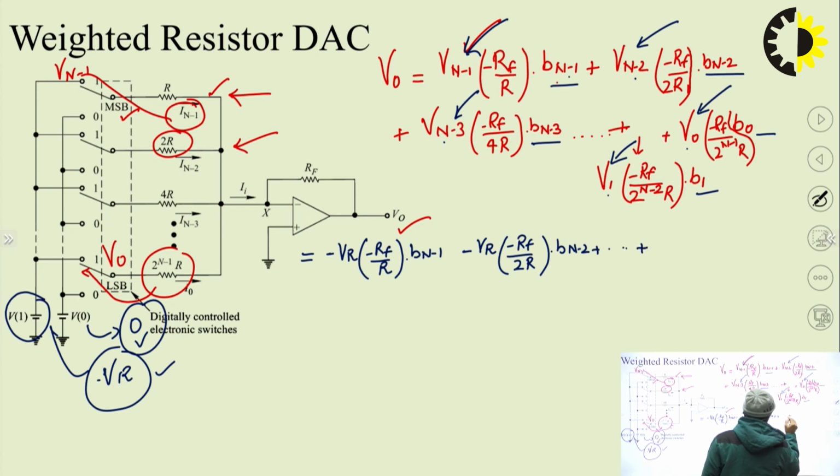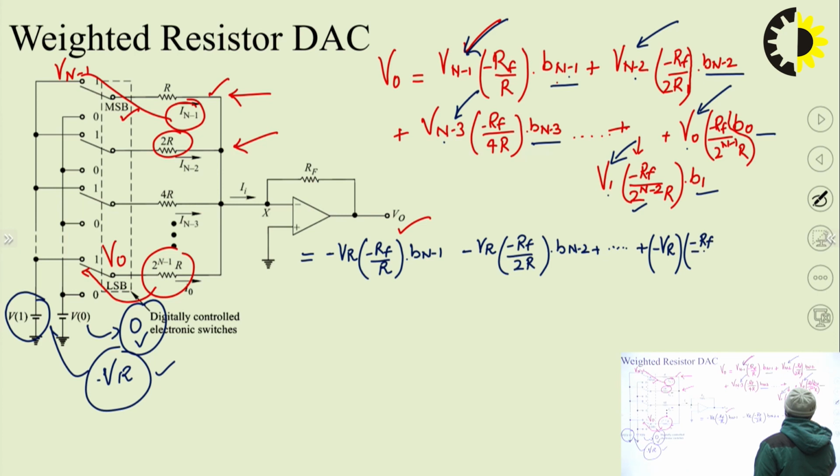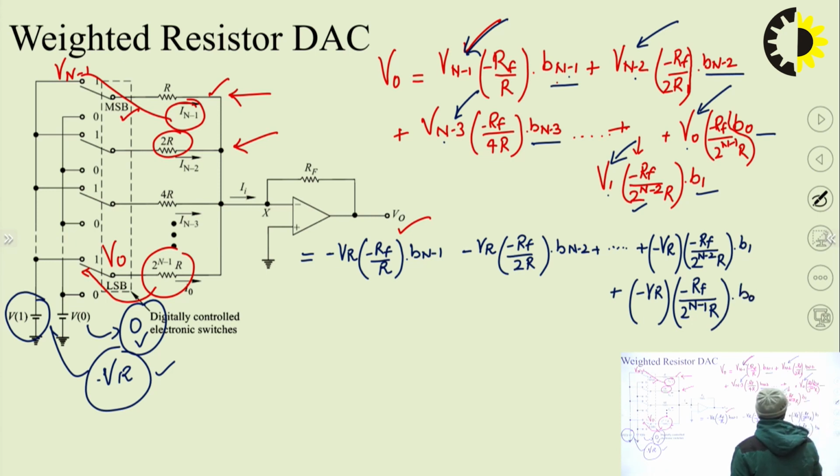Similarly, if we reach the second last stage, we will be writing it as minus VR, minus Rf upon 2 raised to power n minus 2 R into B1, and last one minus VR, minus Rf upon 2 raised to power n minus 1 R into B naught.